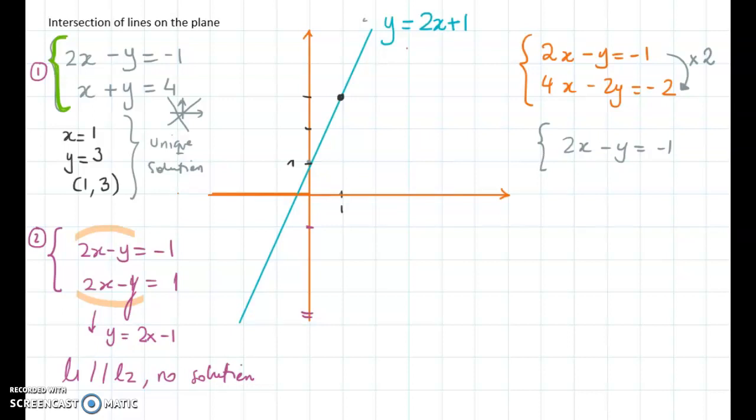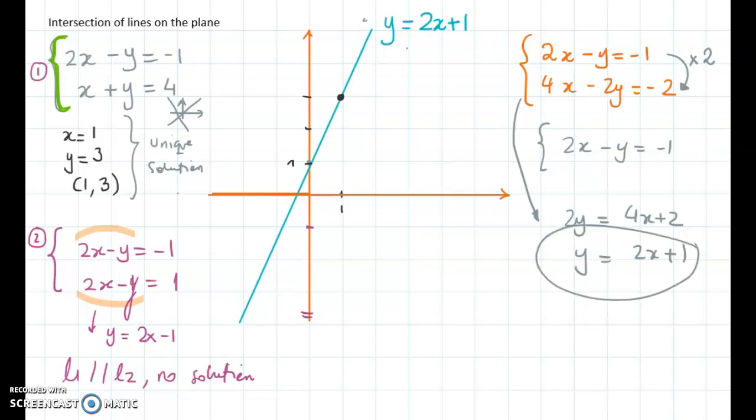If you are not convinced, we could try to sketch the line corresponding to the second equation. So I'm going to isolate y: 2y is equal to 4x plus 2, and then I'm going to divide by 2, so y is equal to 2x plus 1. No surprise here. This is actually the line we already had.